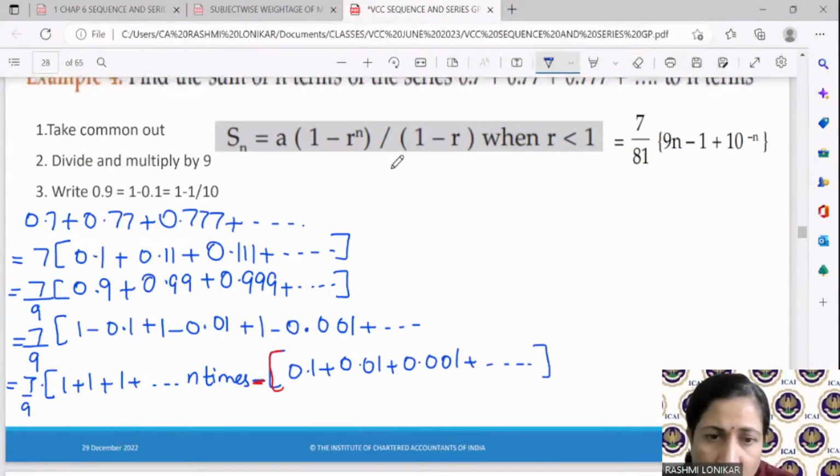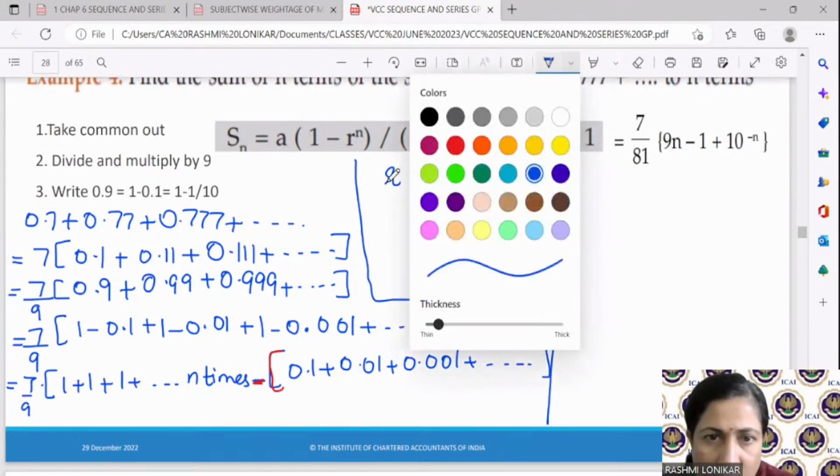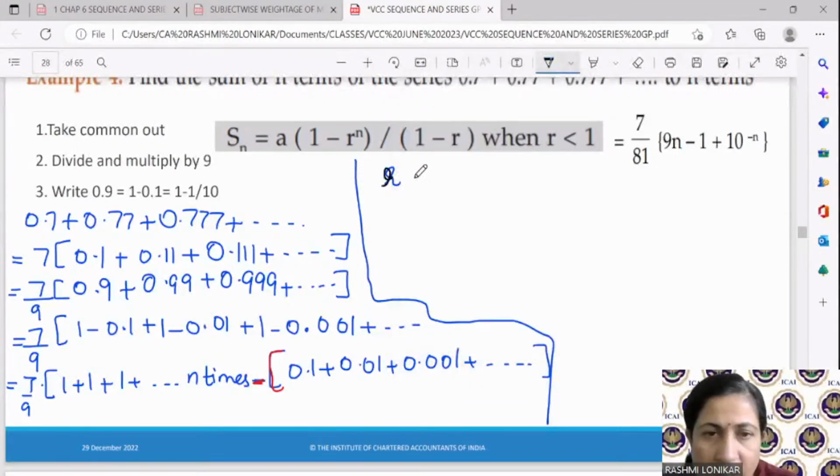Now, what is R? Let me change the color only. R will be equal to T3 upon T2.